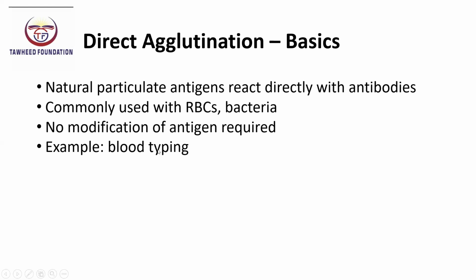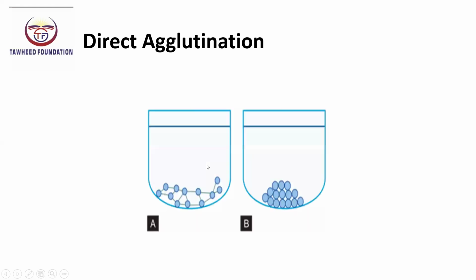When mixed with specific antibodies, visible clumping occurs as antigen-antibody complexes form. This reaction is used for blood grouping, bacterial identification, and other tests where the antigen exists naturally on cell surfaces. It is simple, requires minimum reagents, and gives a rapid visual confirmation of antigen-antibody interaction.